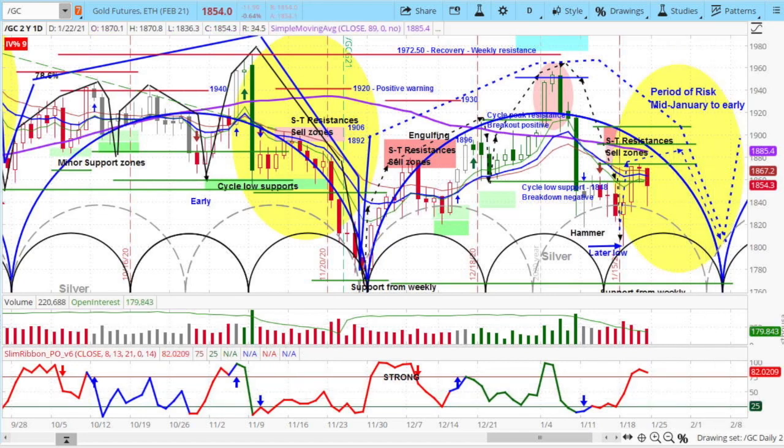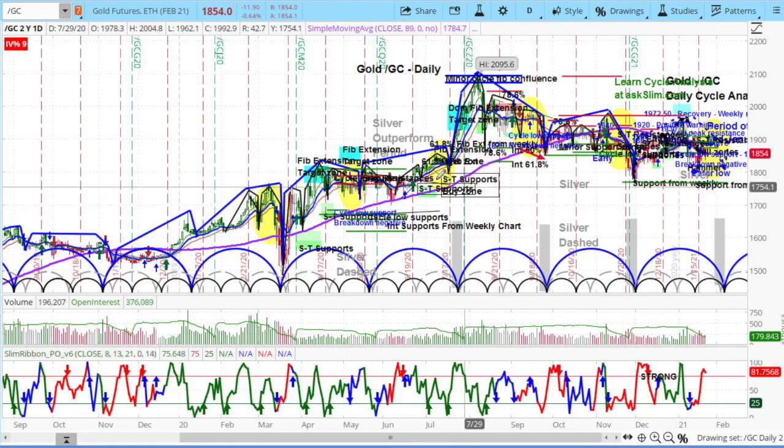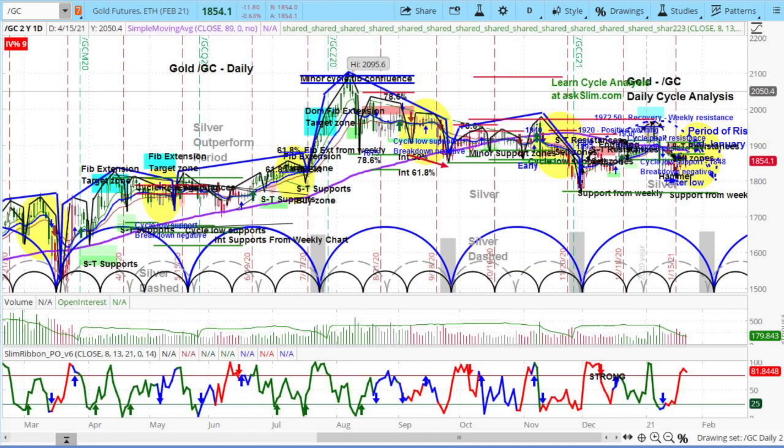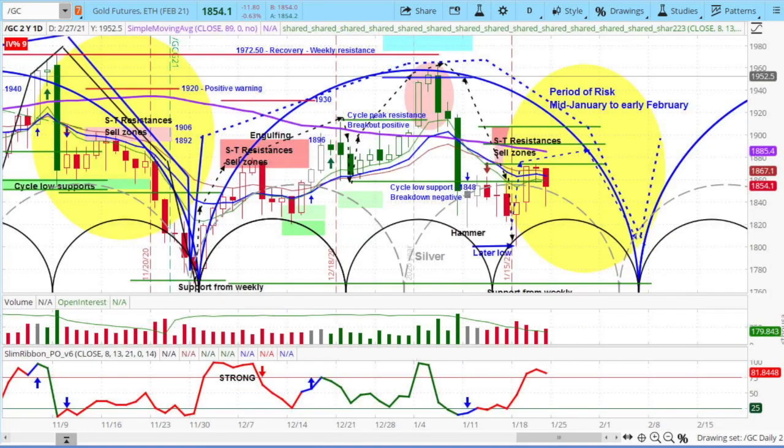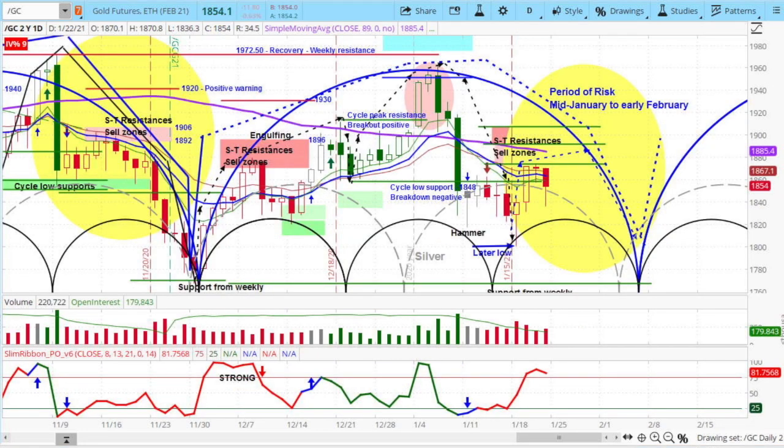Now, let's just look at a long way out here, and you can see that each of those cycle periods brought declines in the gold market. We believed that gold was getting ready to have a very sizable upside movement, but this cycle right in here gave you a breakdown, whereas it came down and extended down to a later low. That's negative.